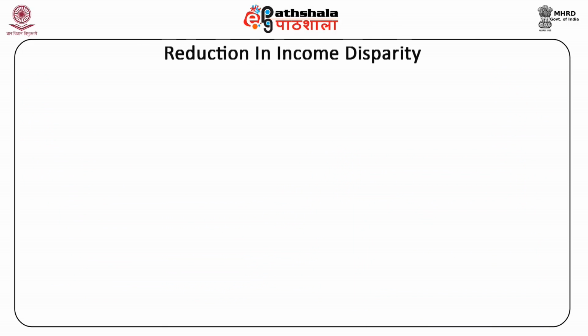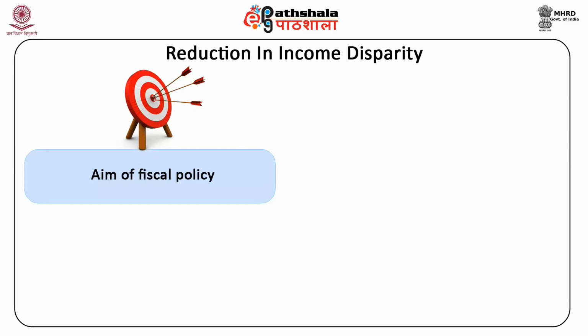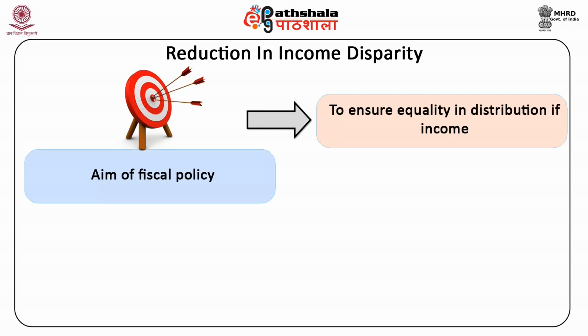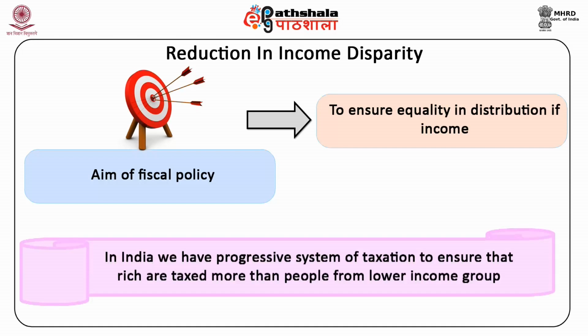Reduction in income disparity. The aim of fiscal policy is to ensure equality in distribution of income. In India, we have a progressive system of taxation to ensure that the rich are taxed more than the people from lower income groups.